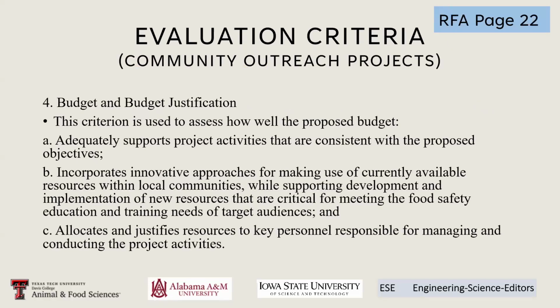So when we talk about the community outreach projects, which is one of the 3 categories you may go into, it talks about making sure that there's adequate support of activities that are consistent with the proposed objectives. So that's really making sure, again, that the project outline is accurate, that they've incorporated innovative approaches within their local communities, as well as support for developing and implementing new criteria.